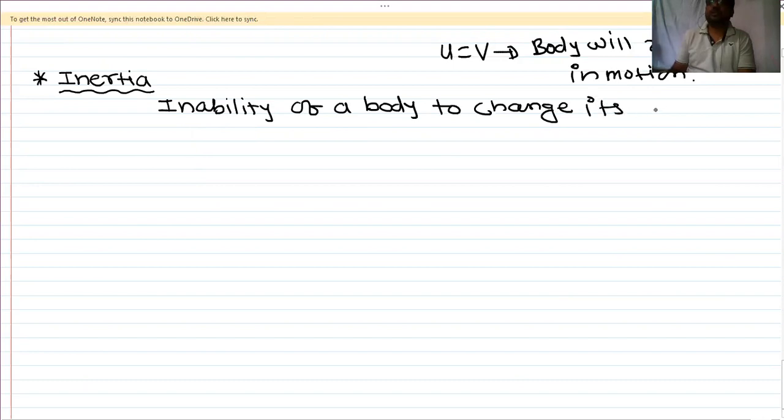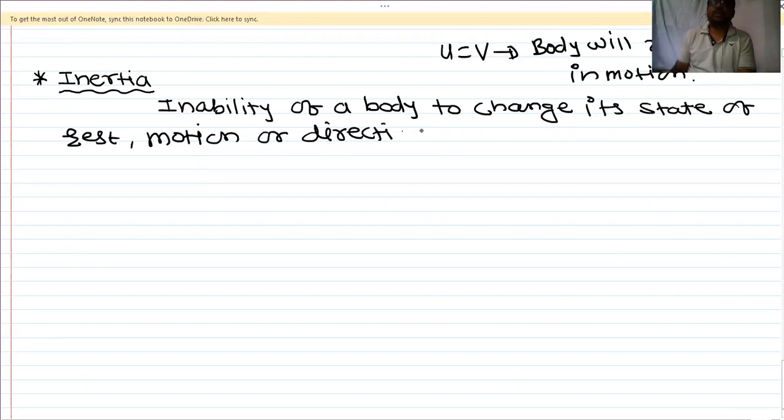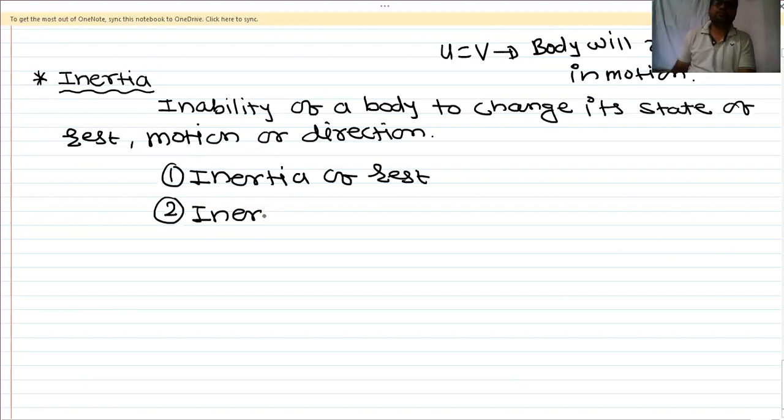We can have three types of inertia: inertia of rest, second type, inertia of motion, and third type, inertia of direction. These are the three types which we have.